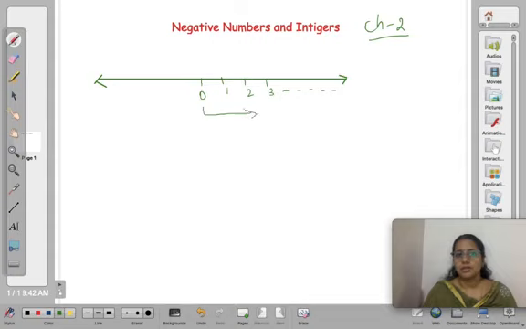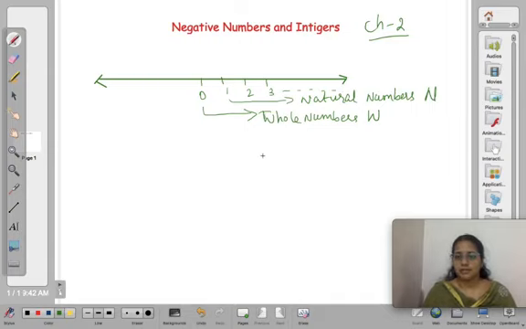So including 0 it is called whole numbers, denoted as W, and without 0 it is called natural numbers, also called counting numbers, denoted using the letter N.